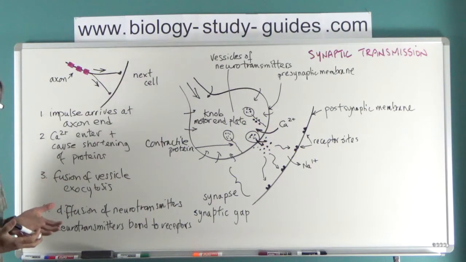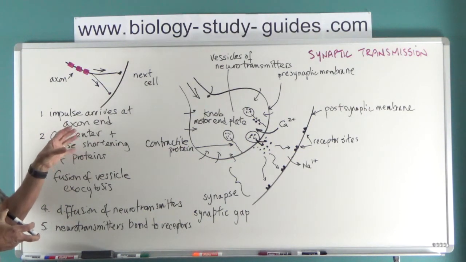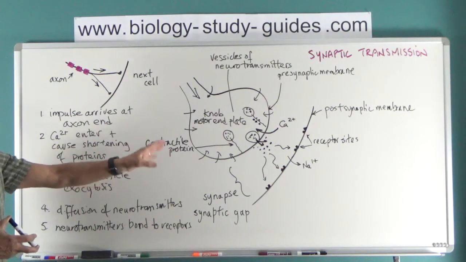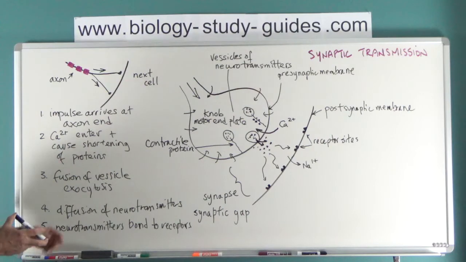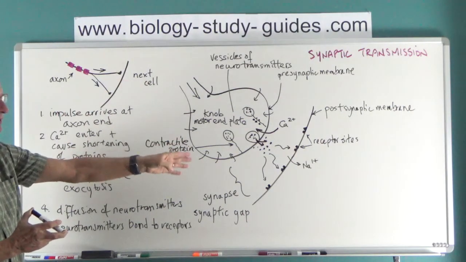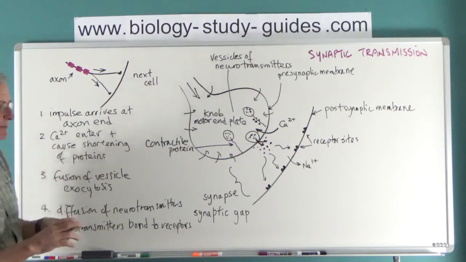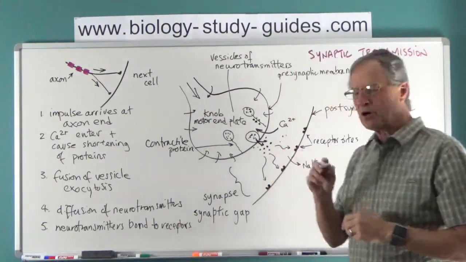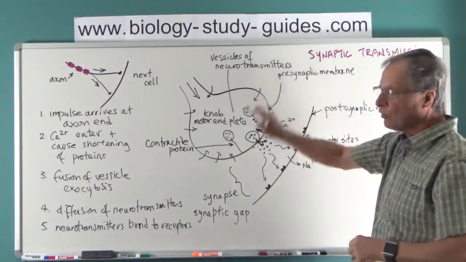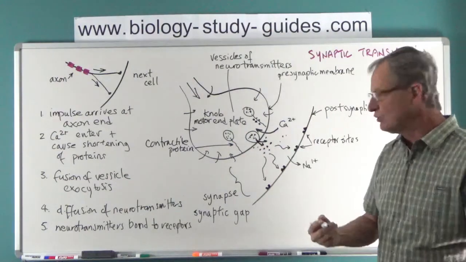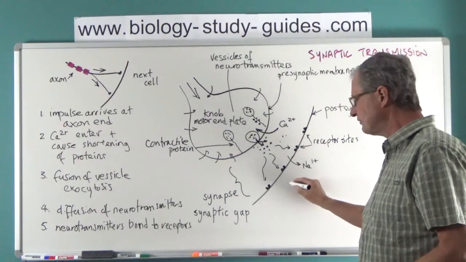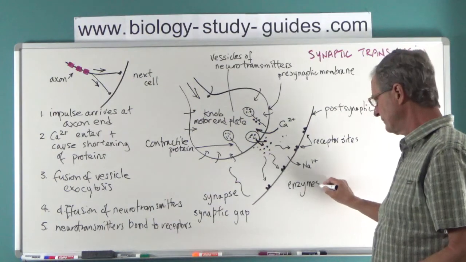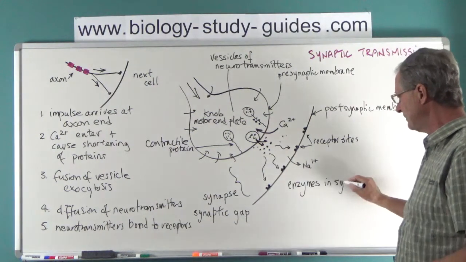As was true for saltatory transmission, if this system remained like that, it couldn't be used again, because the neurotransmitters are in the receptor sites. There's neurotransmitters still floating around in here. The last part of this topic is to restore this to its original condition so it could be used again, and that's the presence of enzymes in the synaptic gap.